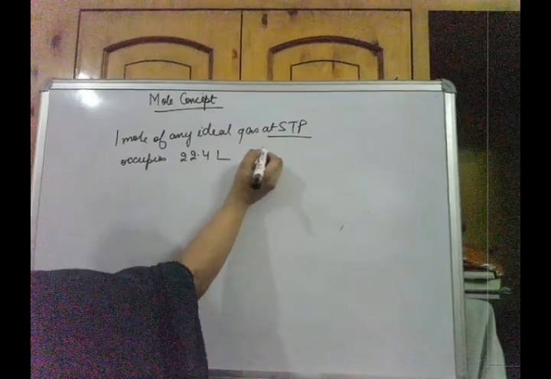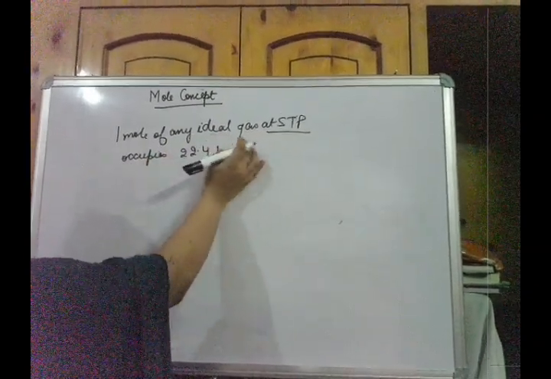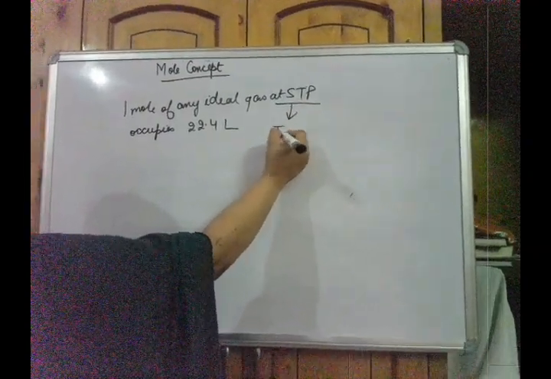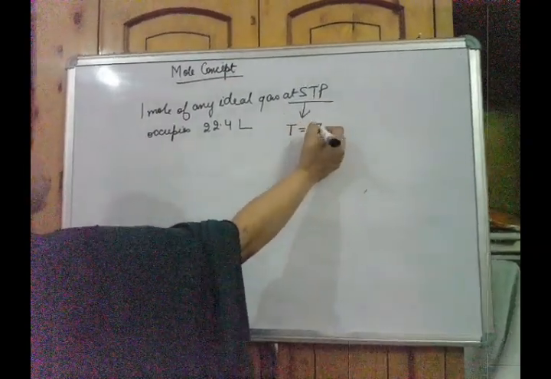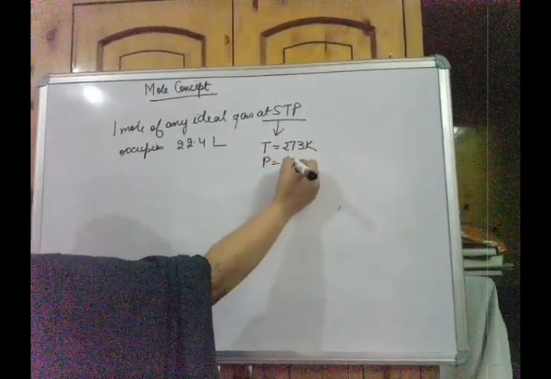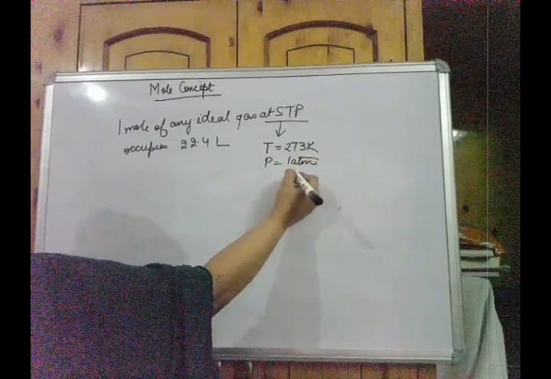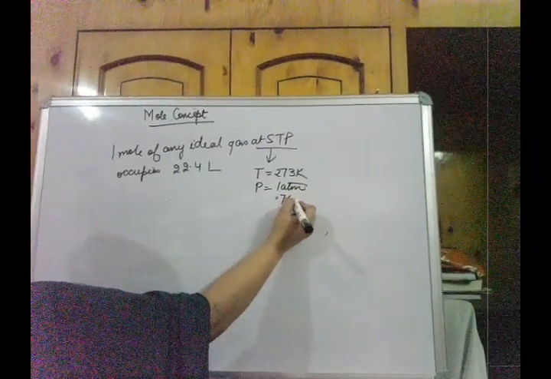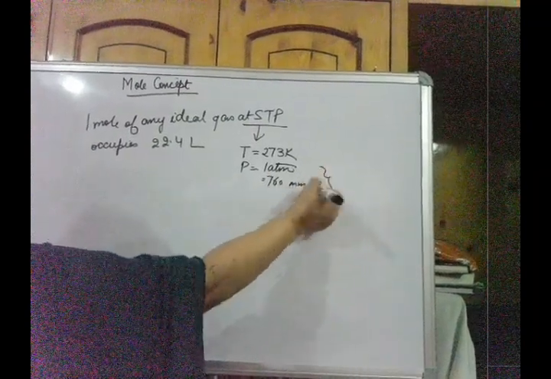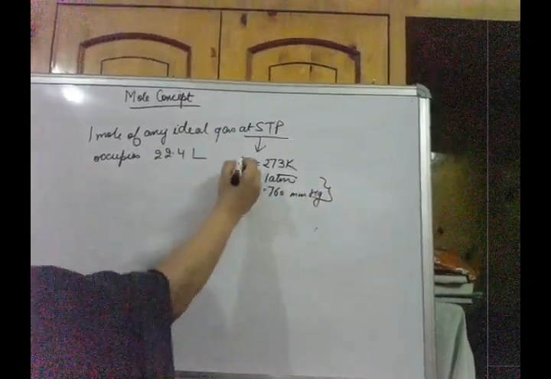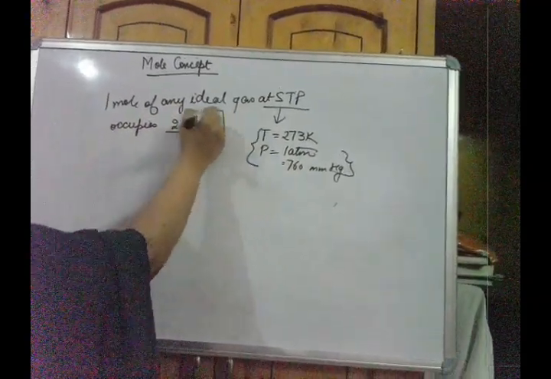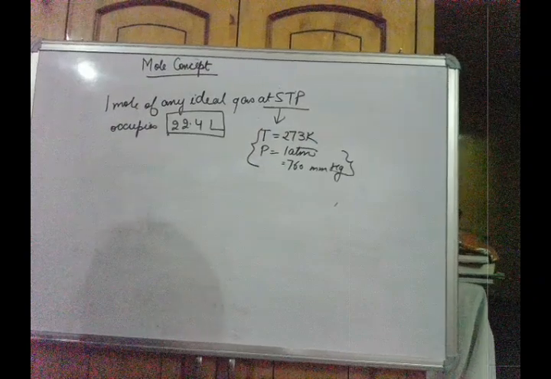What is standard temperature and pressure? By standard temperature and pressure, you should know the temperature should be 273 Kelvin and the pressure should be either 1 atm or 760 mmHg. Both are units of pressure only. So these are the conditions at which 1 mole of any ideal gas will occupy 22.4 liters.